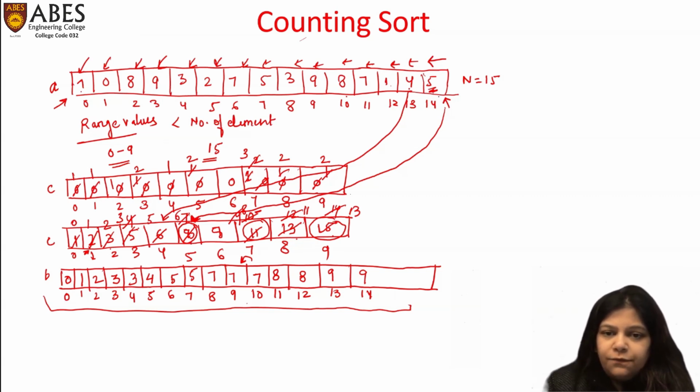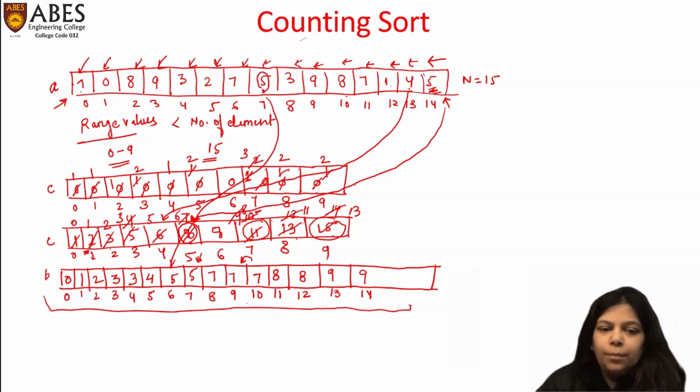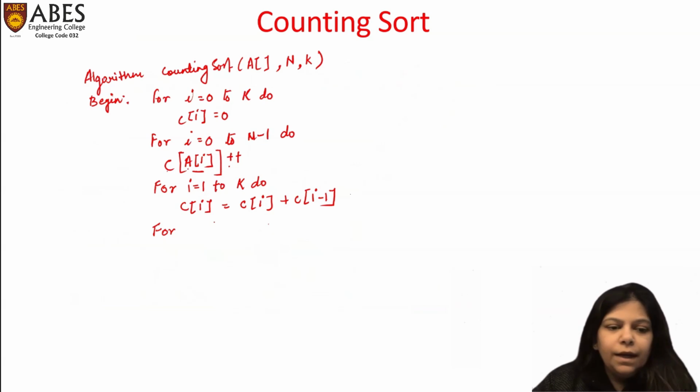So the 5 which is getting a later position will be stored at the later position only in the final array. And this 5, which is coming earlier, will be stored at a prior position in the final array. So this is how we are maintaining the property of the input being stable, right?